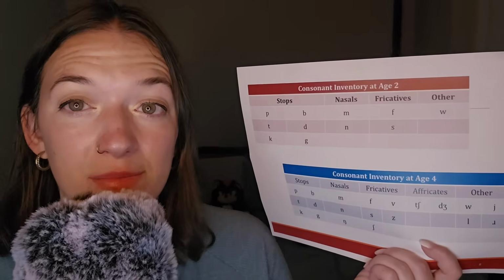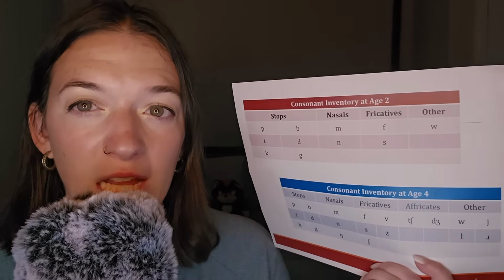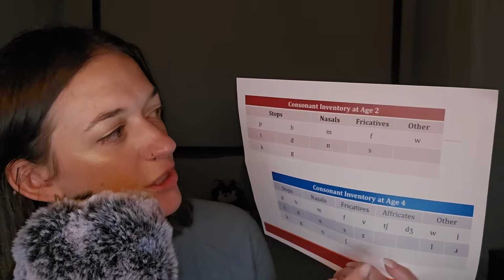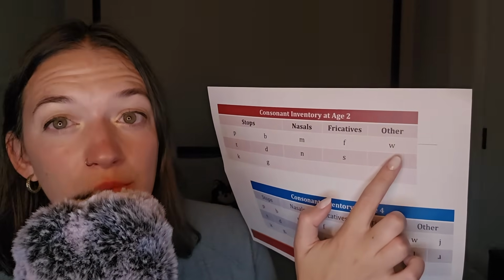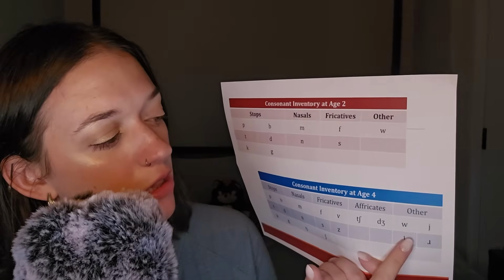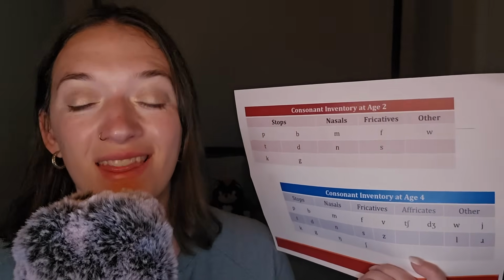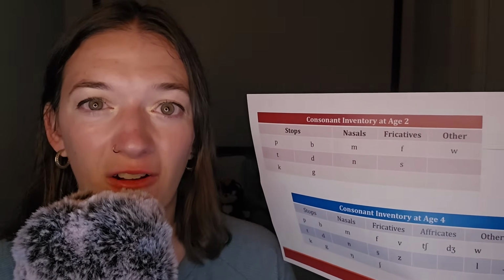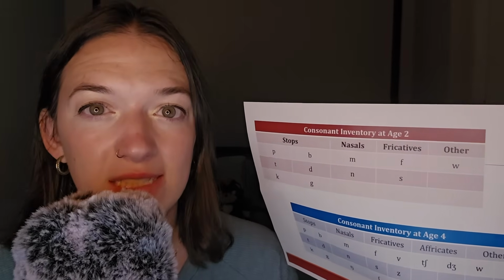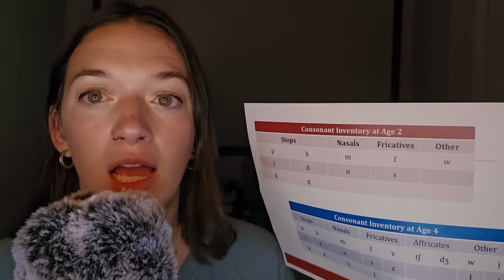So this can explain some of the childlike pronunciation we frequently think of. For example, children at age 2 can pronounce w, but they cannot usually pronounce l and r. This accounts for what we really think of as baby talk, when people say things like "pwease" or "I wuv you."